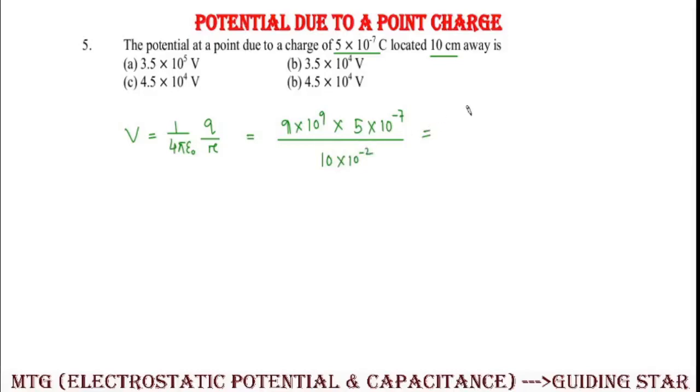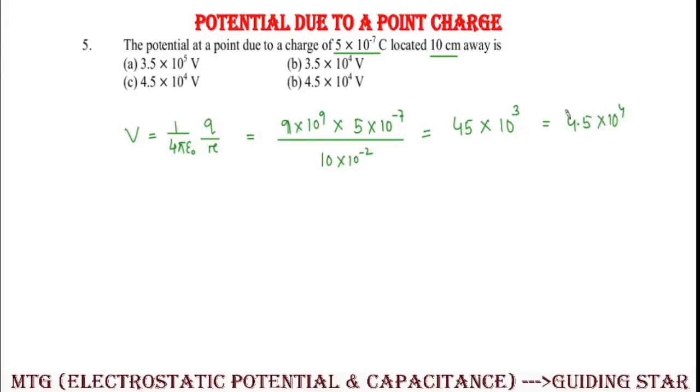If we do the calculations, it will be 45 into 10 to the power 9 minus 7 plus 2, so 10 to the power 4. So it will be 4.5 into 10 to the power 4.